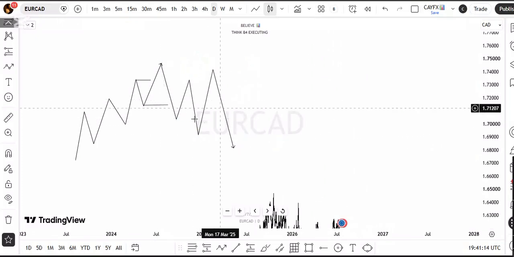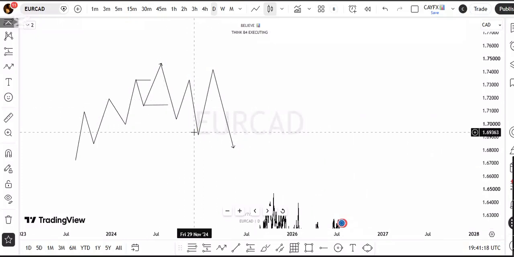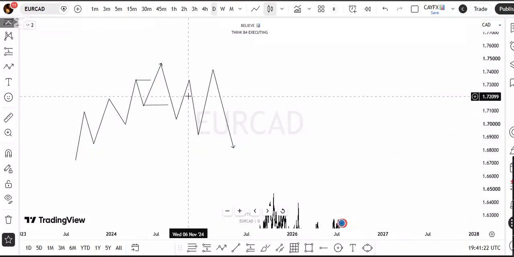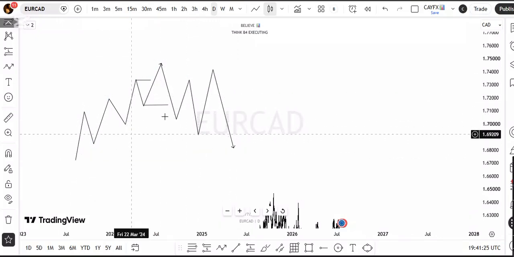This is how to identify a true break of structure, a true change of character. I use this for my higher time frame and also my lower time frame.